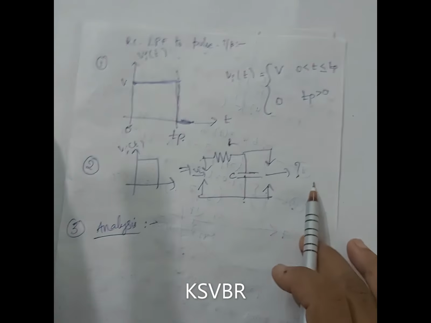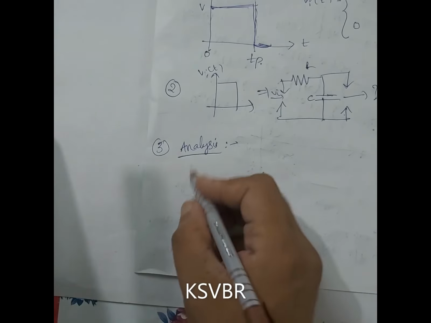So now see, in analysis, case 1, you have to take 0 less than t less than Tp time period. In this time period, see this input signal from 0 to Tp. This is just like step signal.